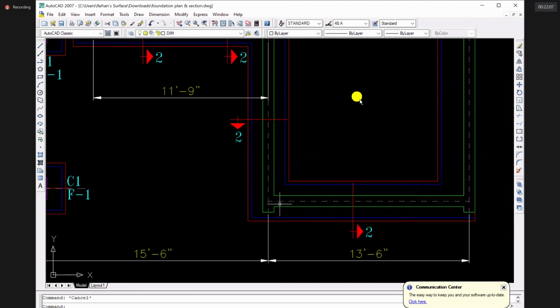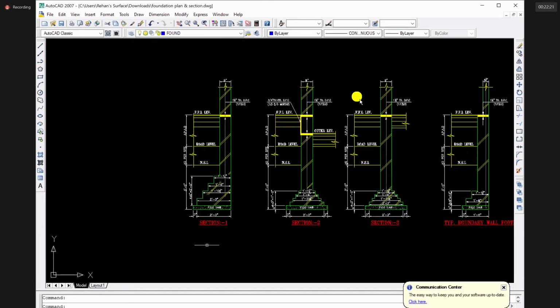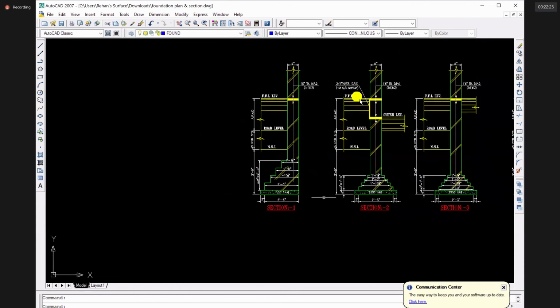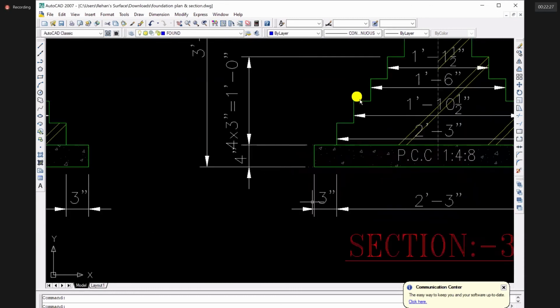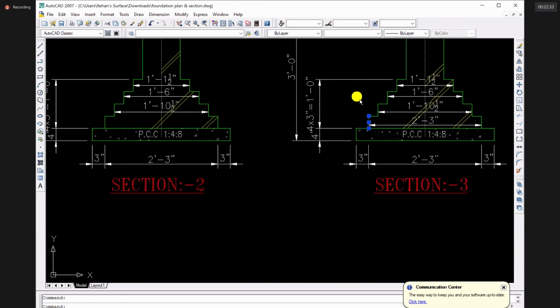Next line is the center line. Simply give offset equal to half of the width of the wall. Then you can see these lines. What are these? It is basically this line and this line, right?